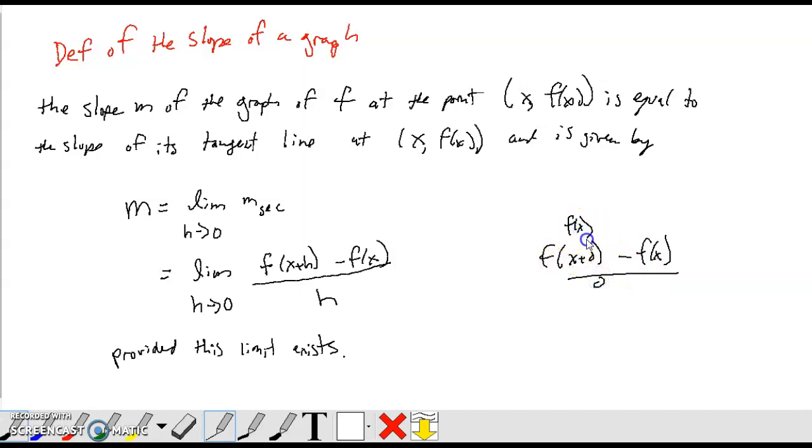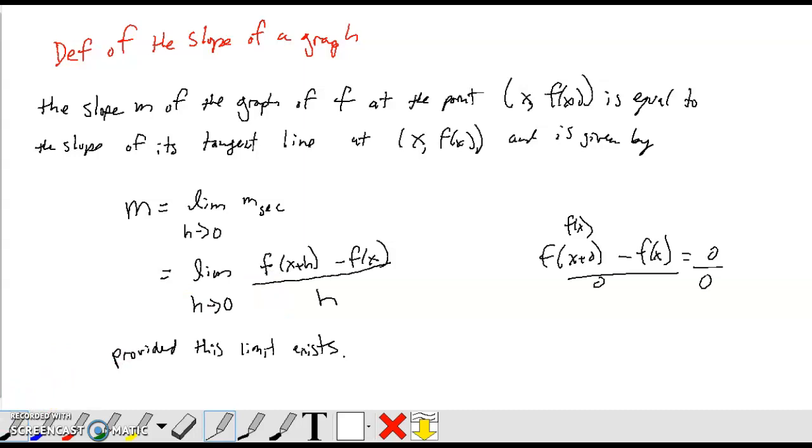This is just f of x. So f of x minus f of x just becomes 0 over 0. And all of a sudden, we're back to that indeterminate form, okay? So what we want to do is figure out how do we find a point, and how are we going to use this information, okay?